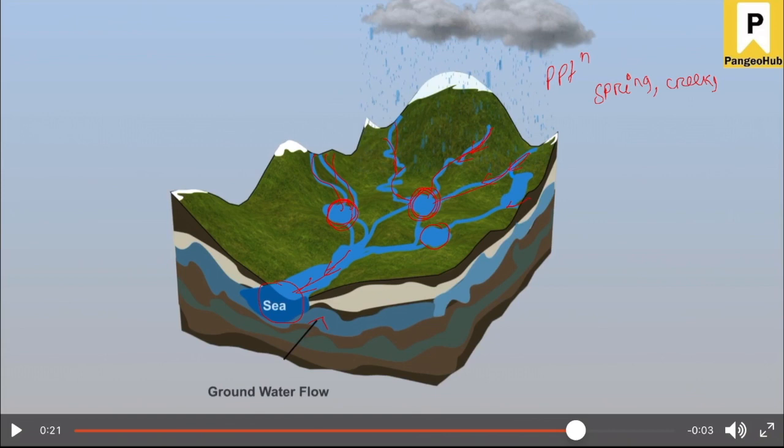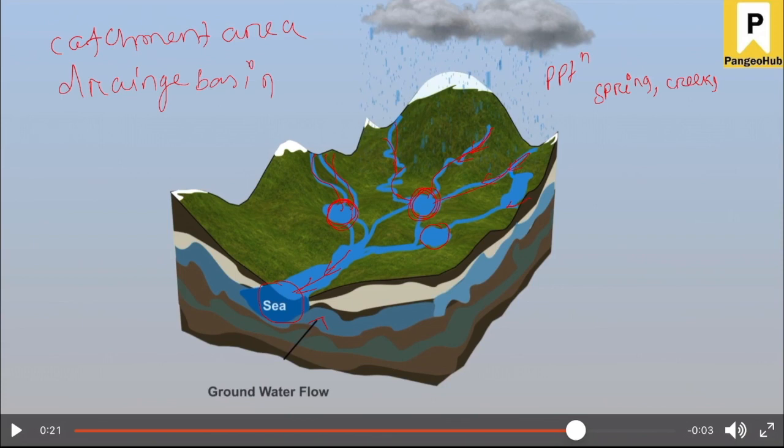So there are two basic classifications, and sometimes confusion appears about what is a catchment area and what is a drainage basin. Most of the time we use them interchangeably, that is, the catchment area and drainage basin are both the same, but there is some basic difference.